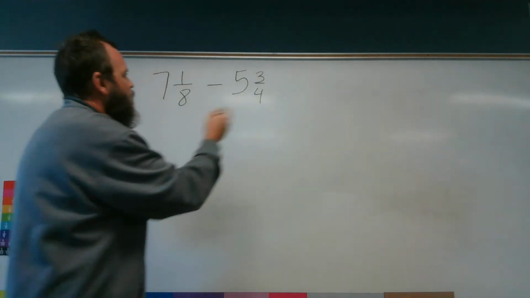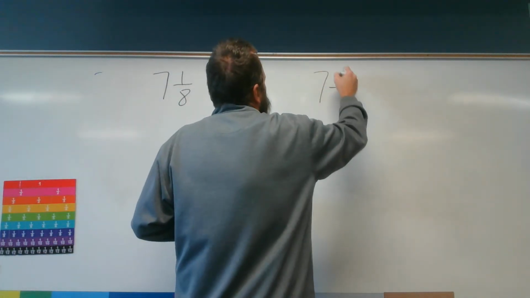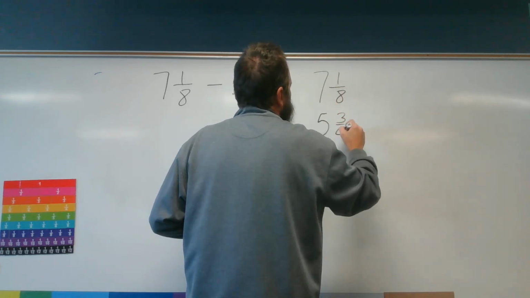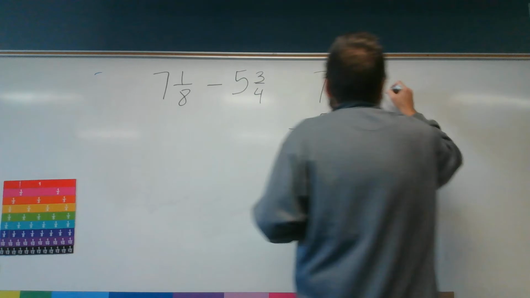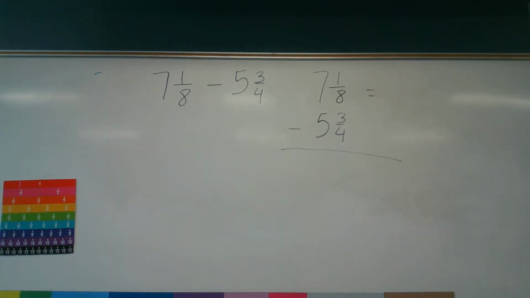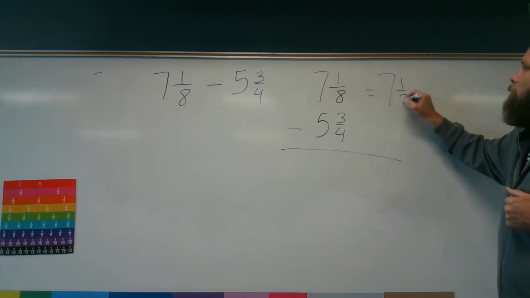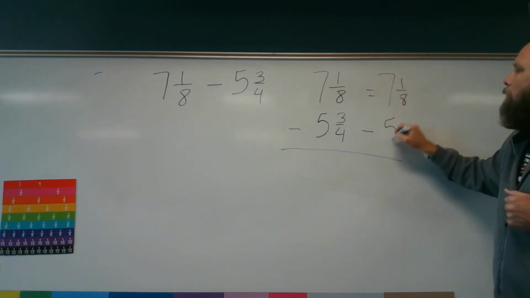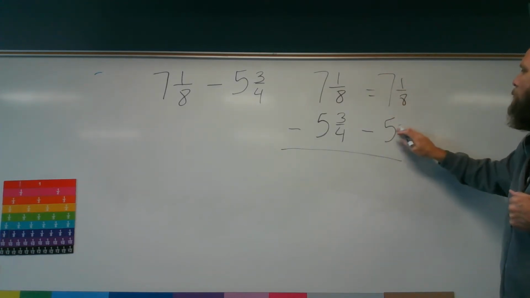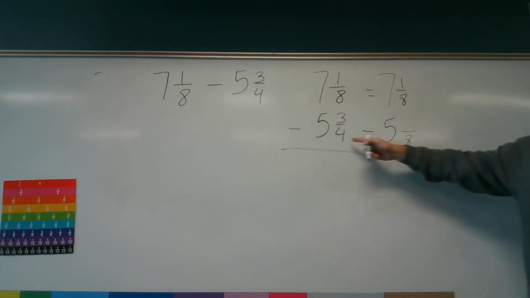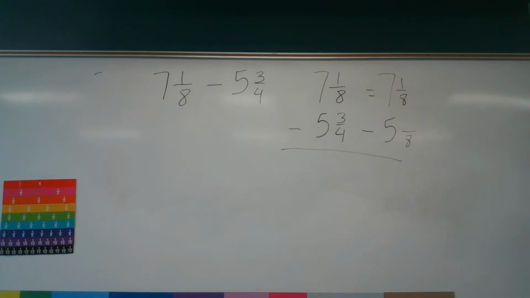8. Okay, and she is correct. So I have 7 and 1/8 minus 5 and 3/4. We need to change so our denominators are over 8. We have 7 and 1/8 minus 5 and something over 8. Victoria, what do I multiply by 4 to get 8?